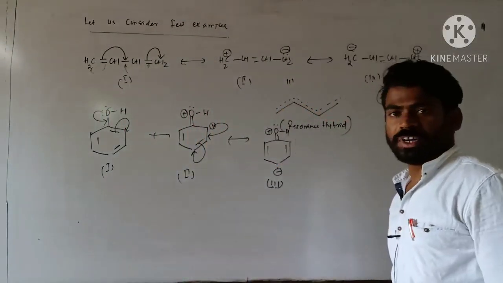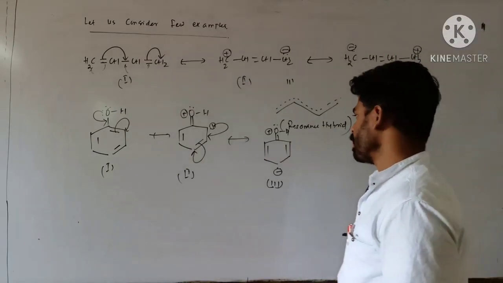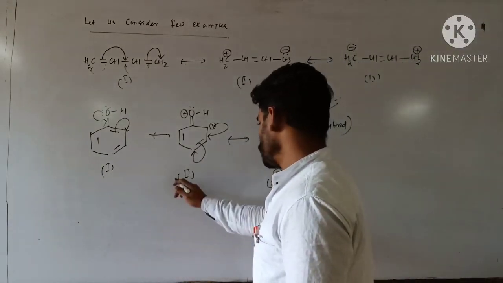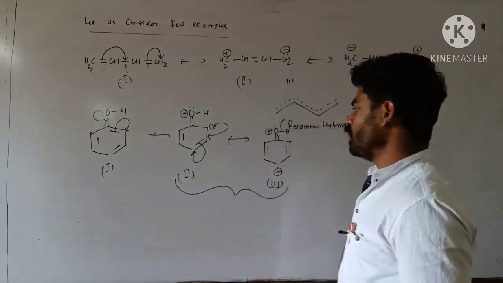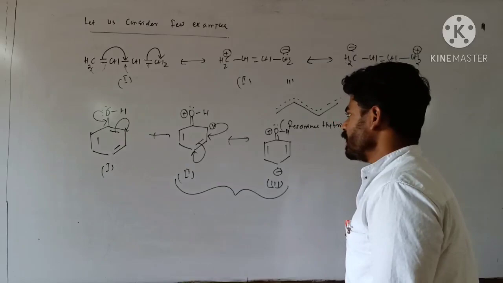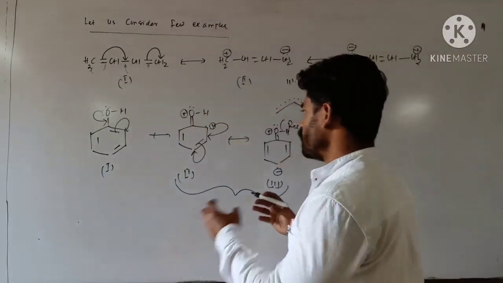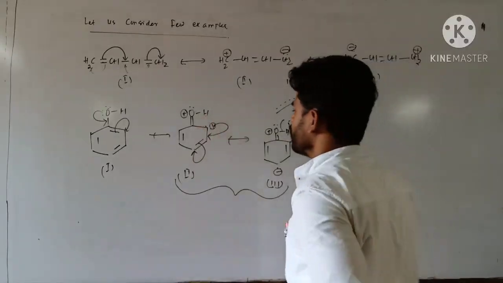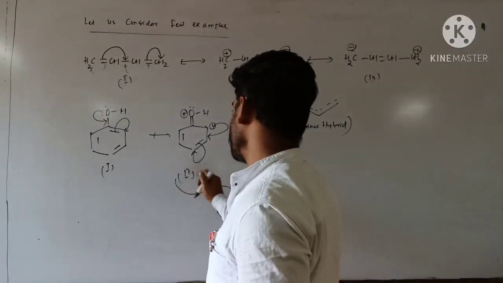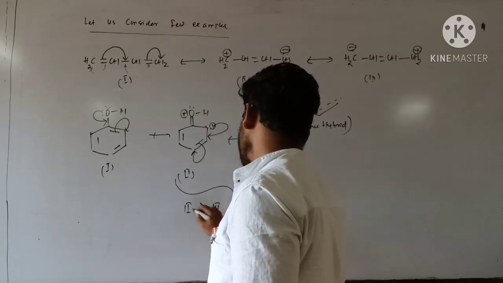These are contributing structures. If I consider these 2 equal structures, structure 2 and structure 3, which one is stable? Here you see the opposite charges are very close to each other. Once close to each other, there will be a force of attraction. So this structure becomes stable. So structure 2 is more stable than structure 3.